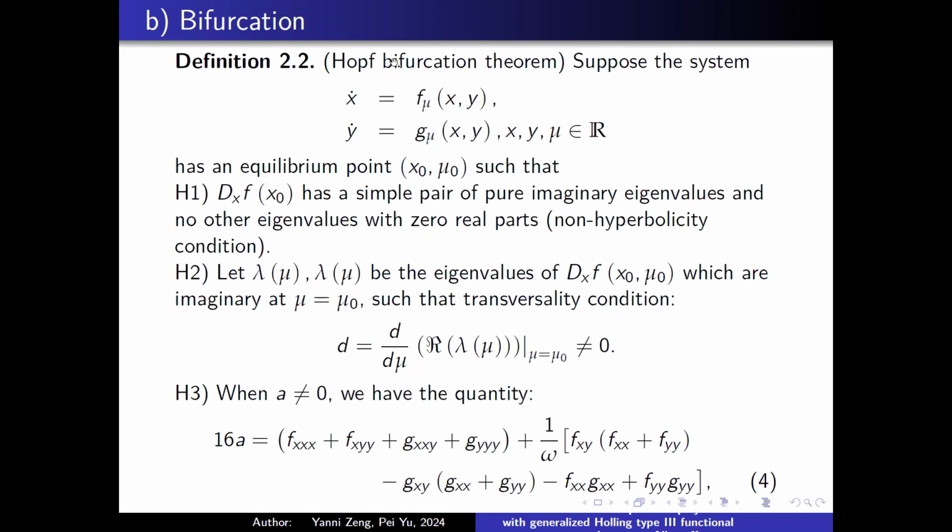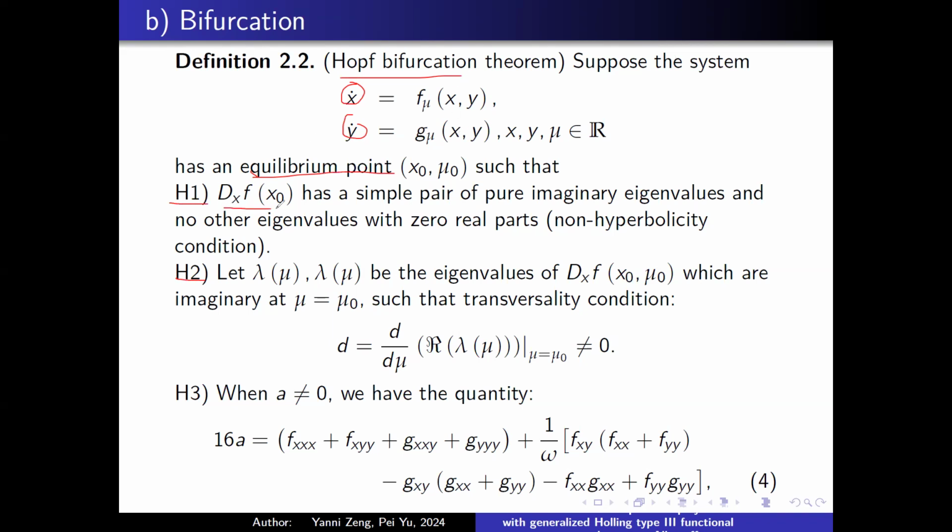For the definition, we suppose the system is in this form. This model has equilibrium points and must satisfy two conditions to confirm the Hopf bifurcation.